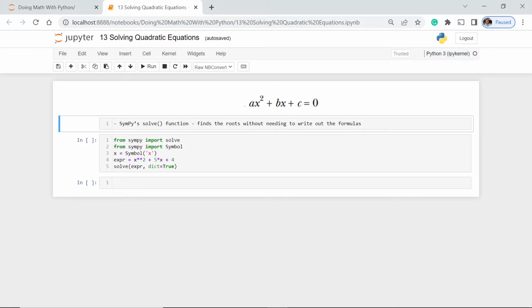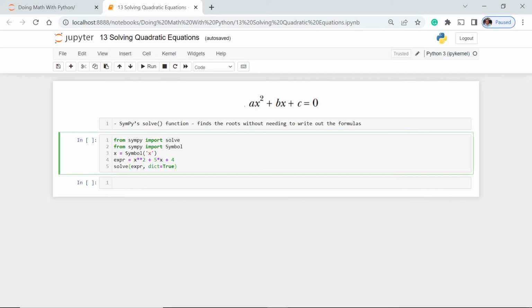And then we have solve, where we call this expr as the argument, and dict is equal to True. Why do we have dict here? The reason is we're going to have two values of x in this case. Remember that we have x squared here, so that means we will have two values of x: x1 is equal to a certain value, and x2 would be equal to a certain value.